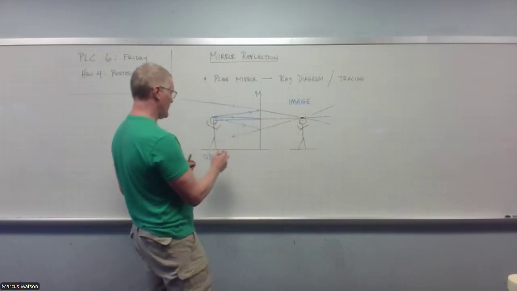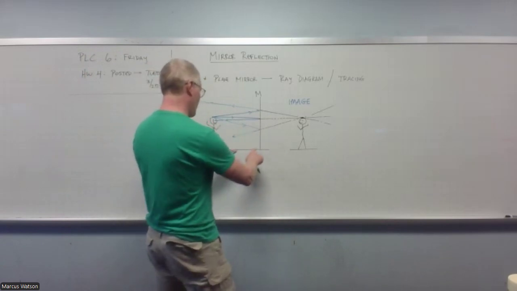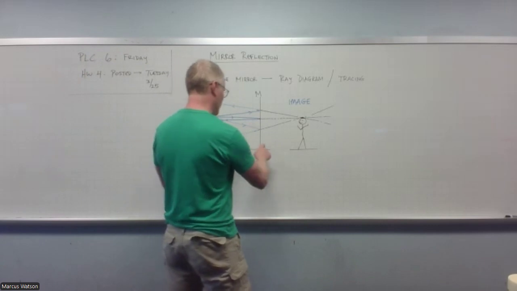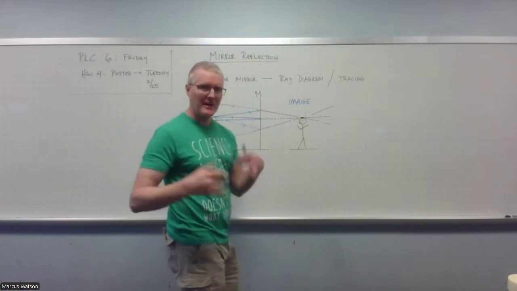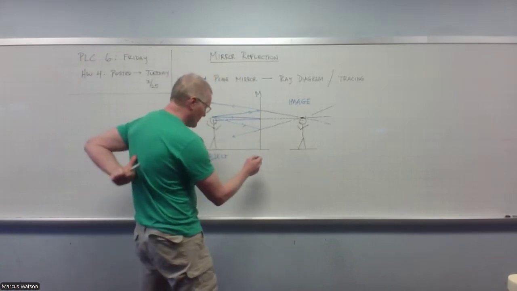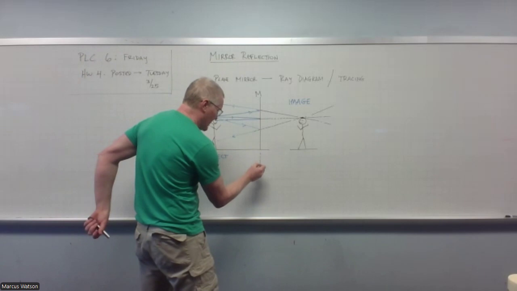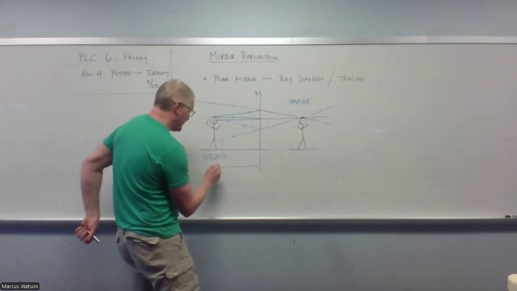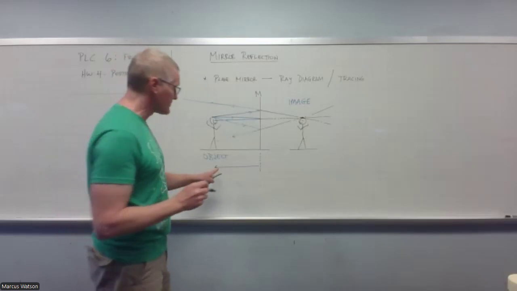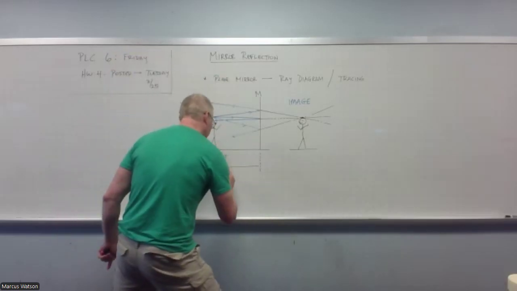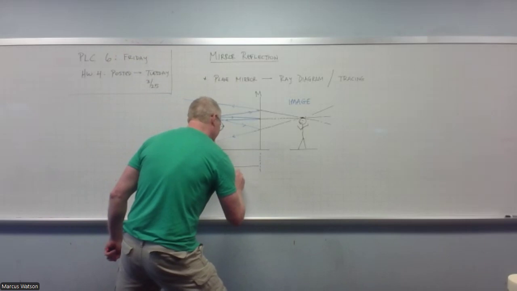And furthermore, you'd find, although it looks like it's not quite right, 1, 2, 3, 4, 5, 6, 1, 2, 3, 4, 5, 6, almost, not too bad. But if I looked at it with a more practiced eye, then I would say the distance here from the mirror to the object, this is known as the object distance.